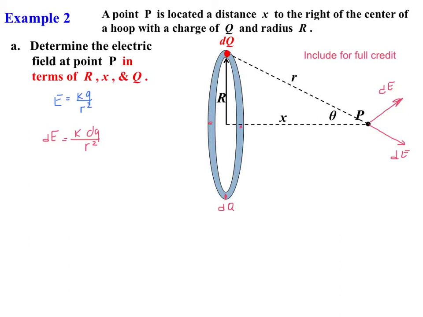So what that means is because we have vectors here, we need to look at the components instead. So we have a component of the electric field in the x direction and a component of the electric field in the y direction. That's true for this top one, and that's true for the bottom one.